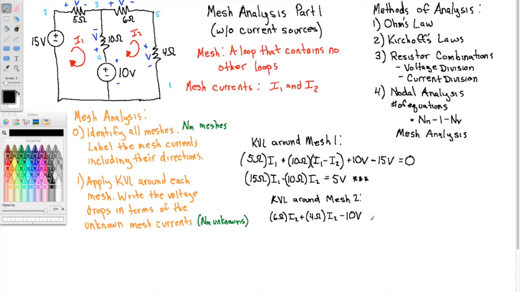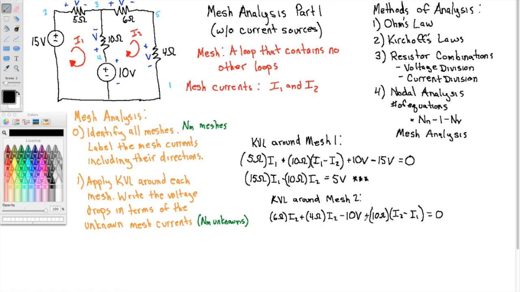So that's going to be, according to Ohm's law, 10 ohms times, I'm going with I2 now because I'm going up, and I1 opposes me because I1 is swirling around in this way. And that puts me back to where I started. So that all equals 0.